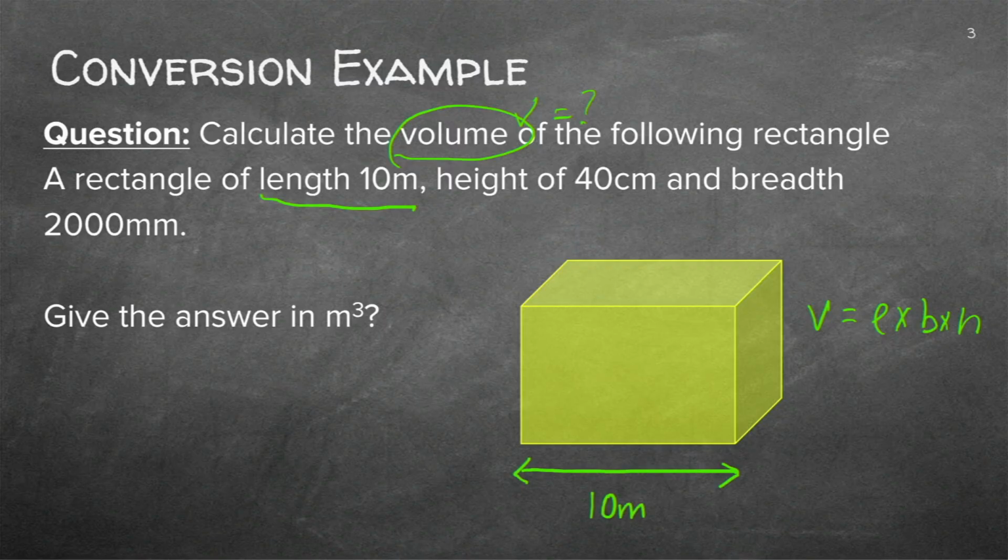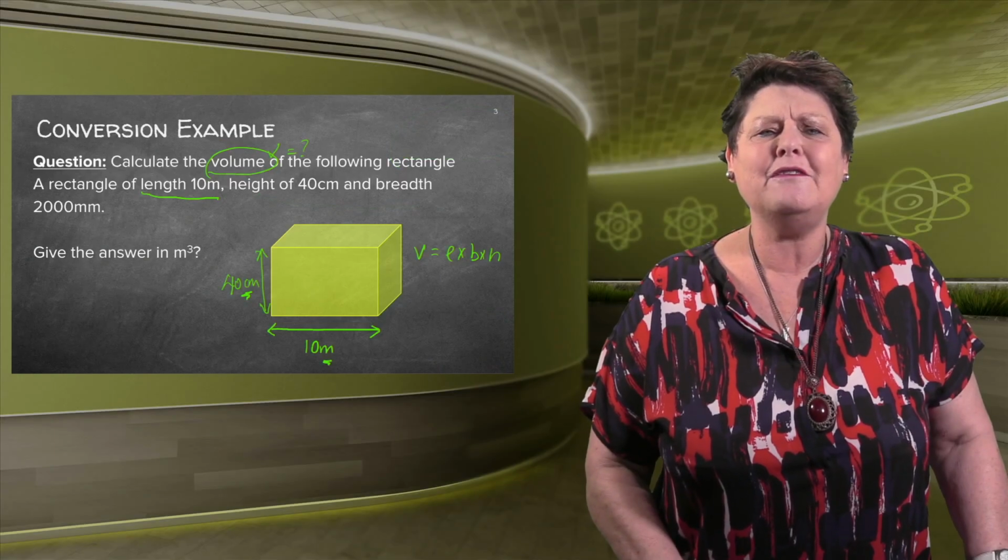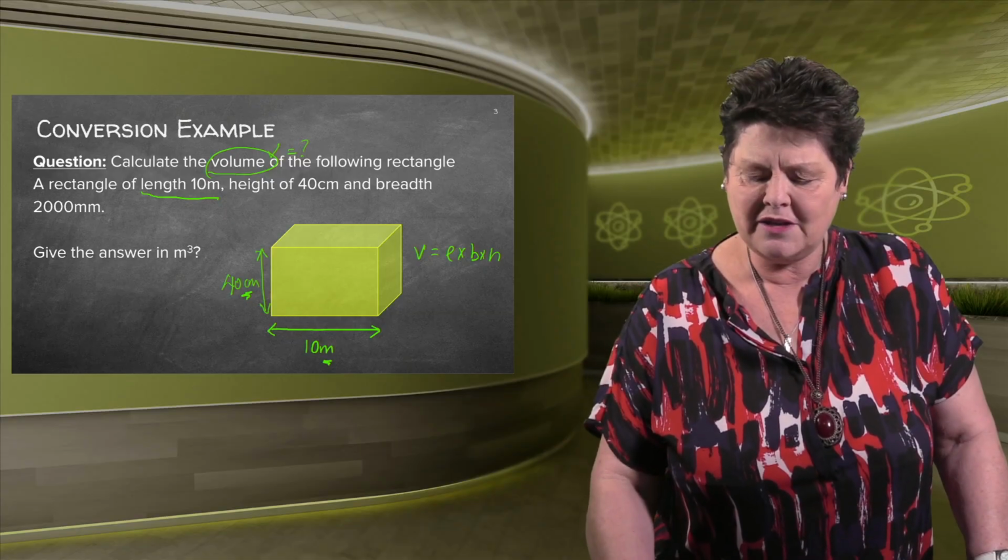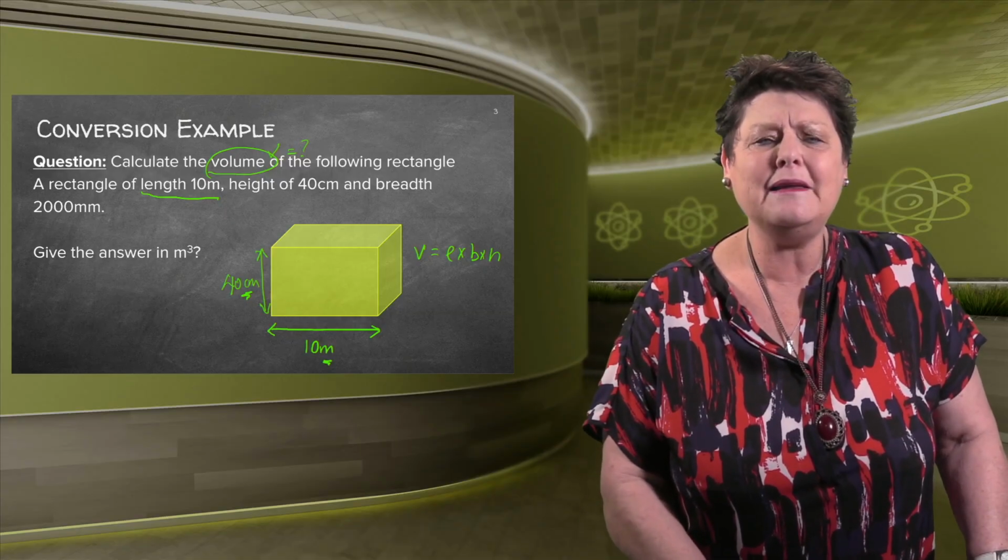They secondly tell me I've got the height. So the height of this rectangle is 40 centimeters. And immediately you can see I've got centimeters and I've got meters. So I have to convert them to the same unit. And to make it even worse, they're giving me the breadth in millimeters.